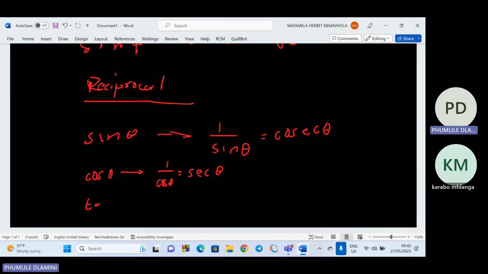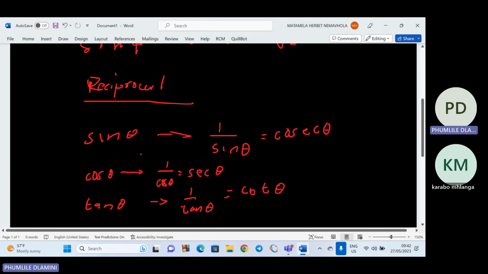And tan theta equals 1 over tan theta, which equals cot theta. So those are the reciprocals of sine.